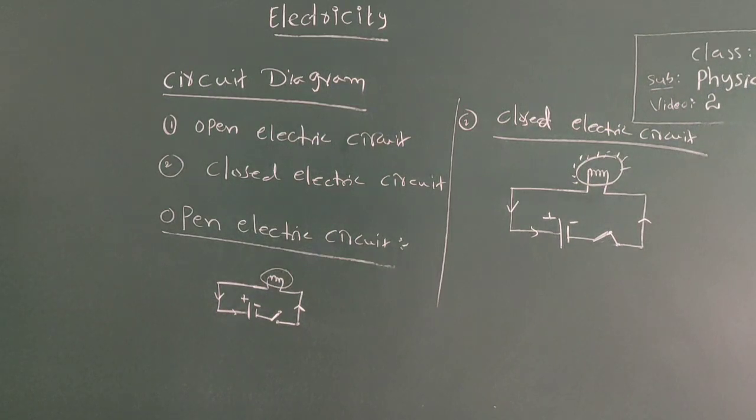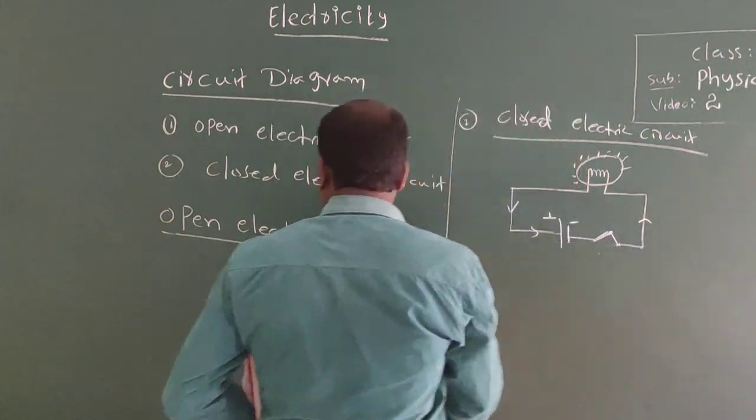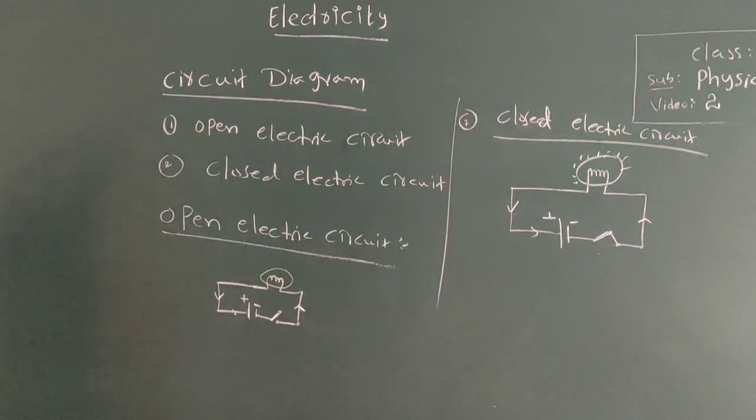In an electric circuit, there should be a source, which is one or more electric cells. One or more cells means a battery. The switch can be placed anywhere in the circuit. If the switch is in the on position, it means the switch is closed.